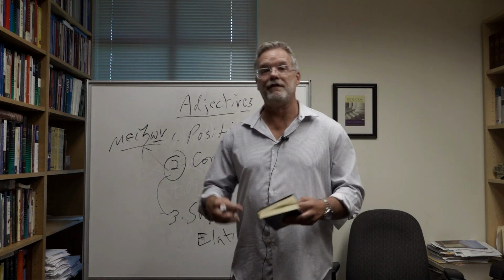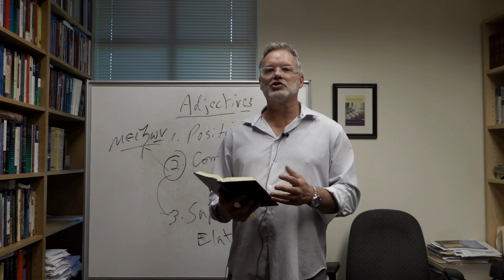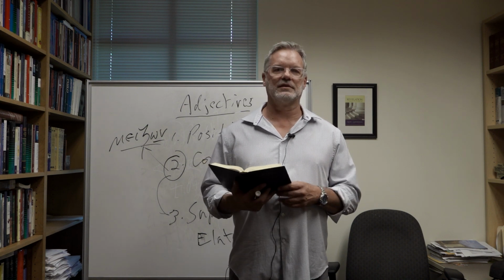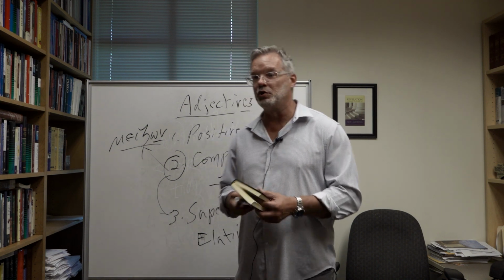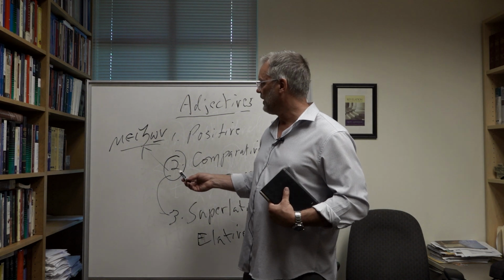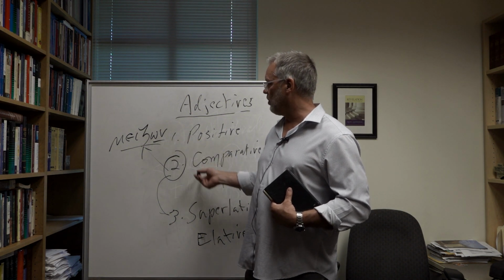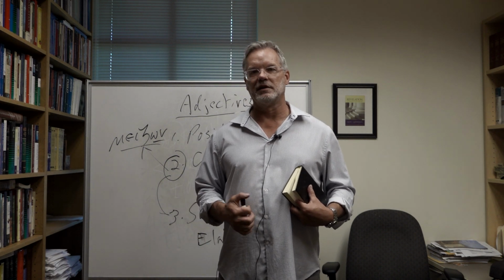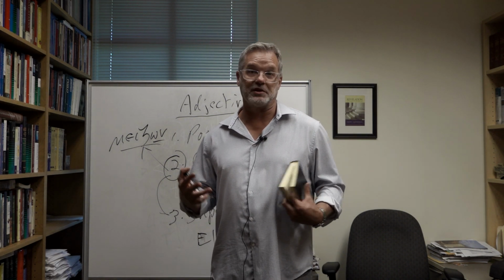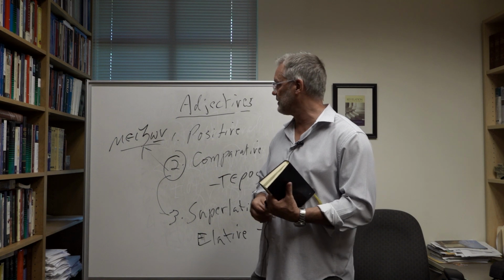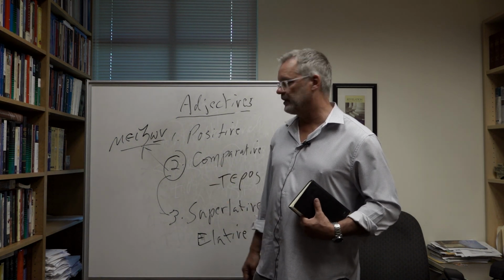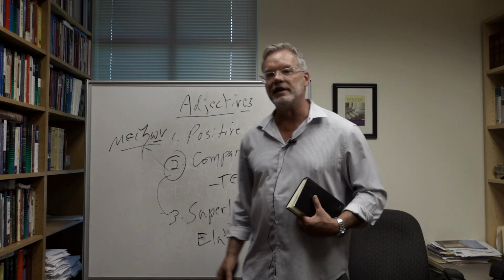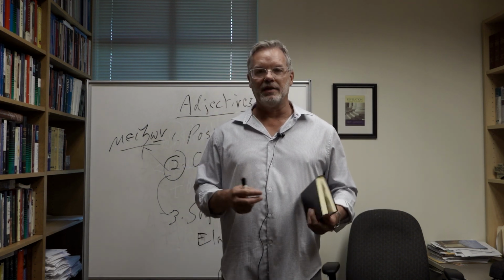So these are the main functions in addition to determining attributive, predicate, substantive. When it comes to attributive use of the adjective, you want to also pay attention to what level of comparison is being indicated. Is it just a straightforward positive use of the adjective, or is there comparison or a superlative idea indicated by the endings, but ultimately by the context?